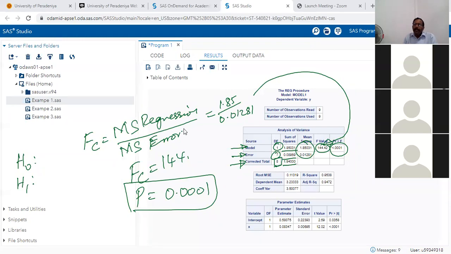Your statement is partially valid for the alternative hypothesis. What is the null hypothesis? No significance between. Between what?